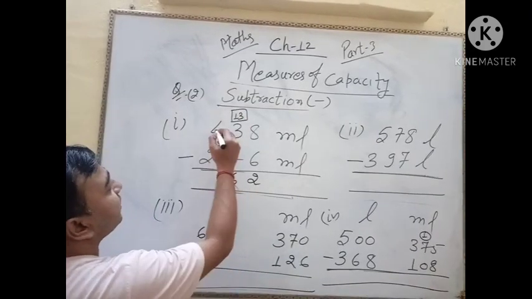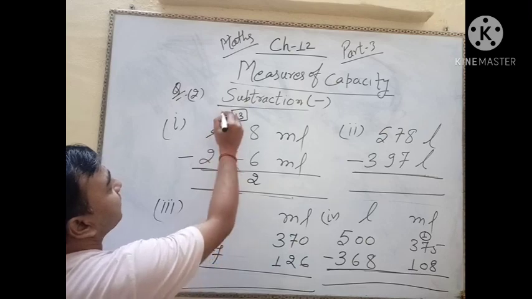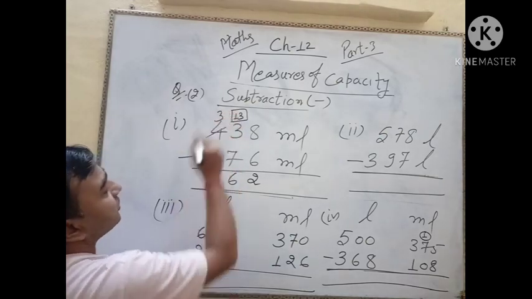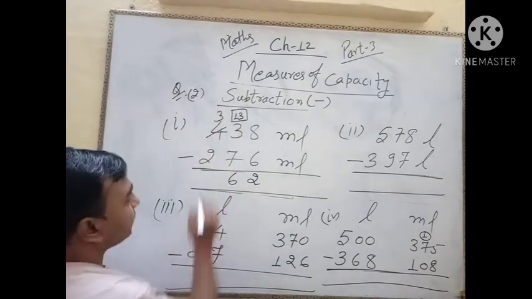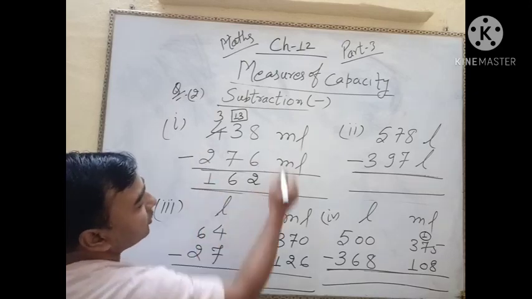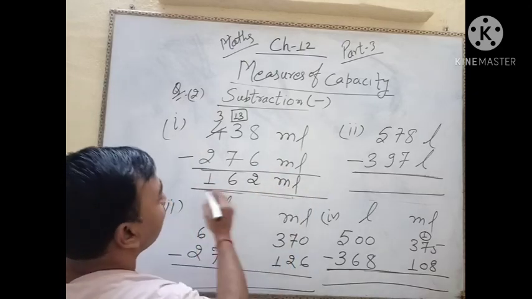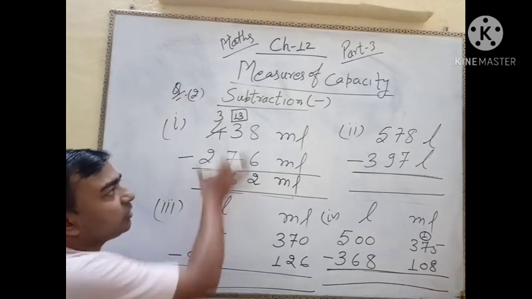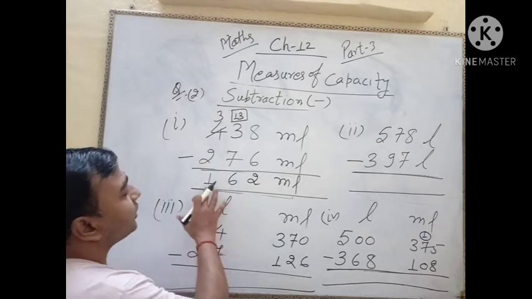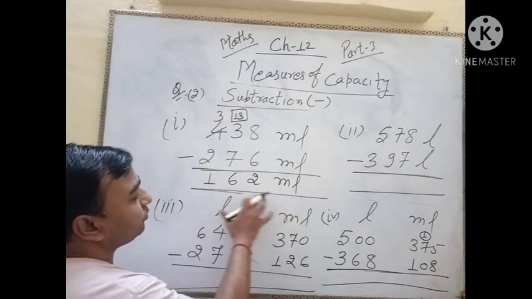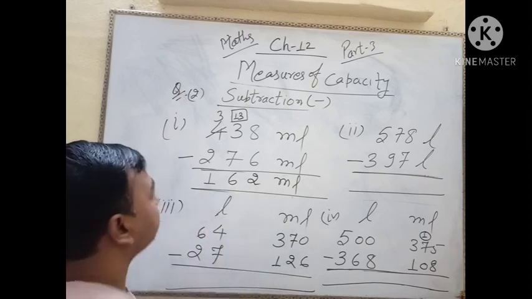Which number is left here? 3. 3 minus 2 equal to 1. What unit do you need? ml. So the first answer of this subtraction question is 162 milliliter.